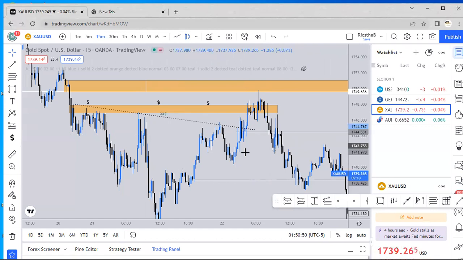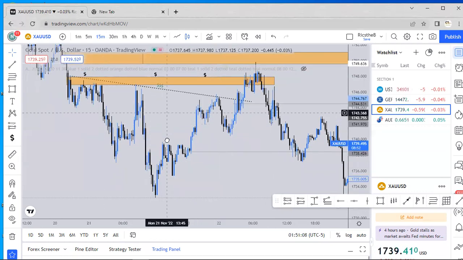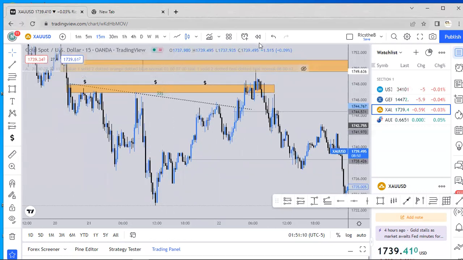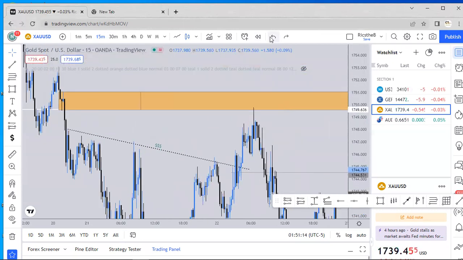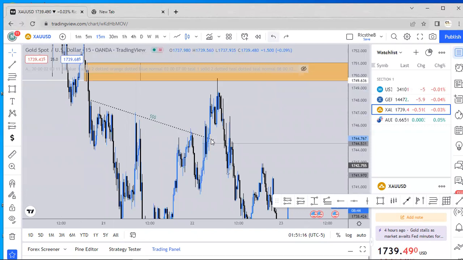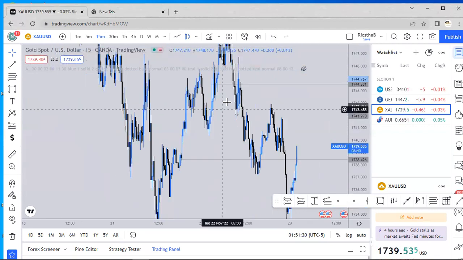Let's look at another scenario. So basically, liquidity is created by areas of strong rejections, areas where you see price coming back. Okay, let's take another scenario here. Let's look at this zone here.